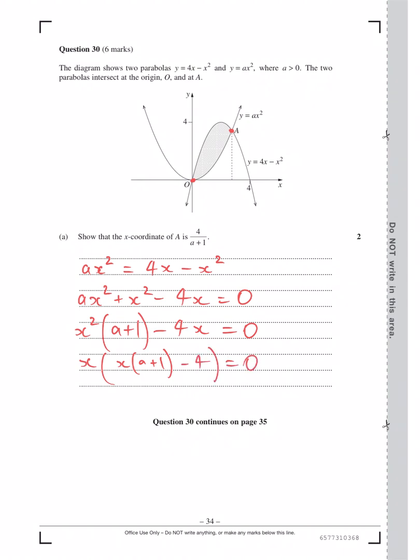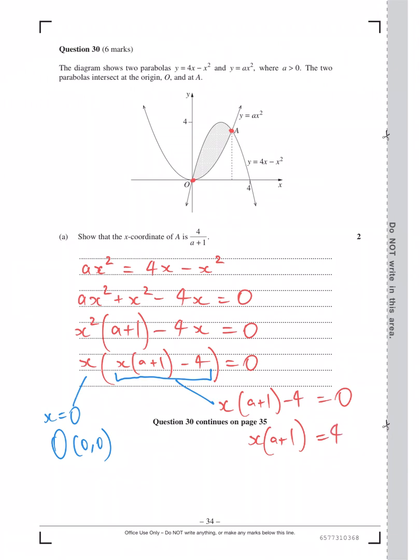Now, as I said, we get two solutions here. This is solution 1, x equals 0, but that's O, the origin, 0, 0. We don't need that one. What we do need is this solution here, which I'm going to find by saying x times a plus 1 minus 4 equals 0. Adding 4 to both sides, x times a plus 1 equals 4, and x equals 4 over a plus 1, which is exactly what we're asked to do.